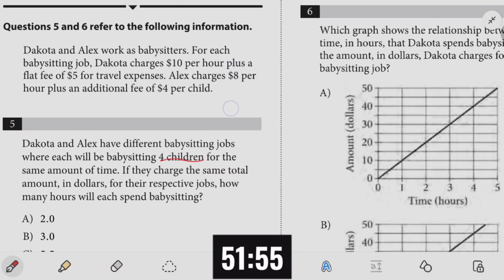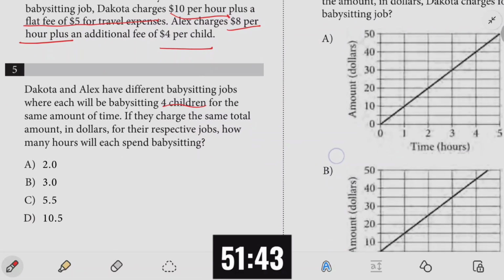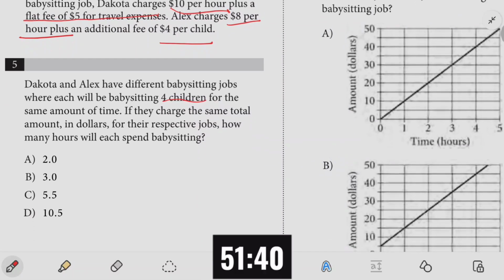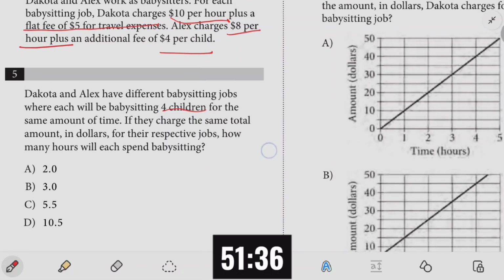Okay. Per child, there's a difference. One is per hour, the other one is per child. Oh, both are per hour, but one has a y-intercept, the other one has an additional fee per child. If they charge the same total amount in dollars for the respective jobs, how many hours will each spend babysitting? Okay, that's easy, I think.